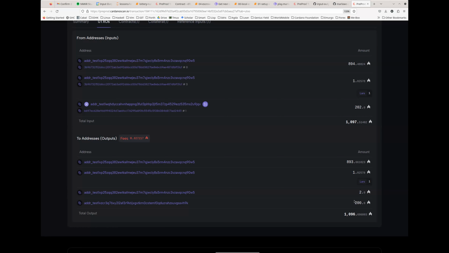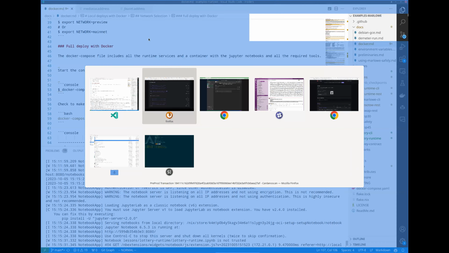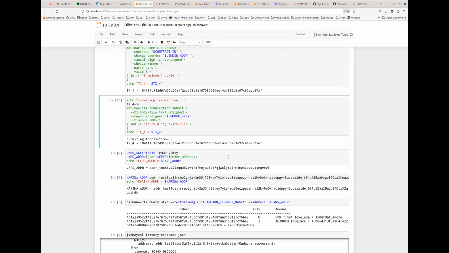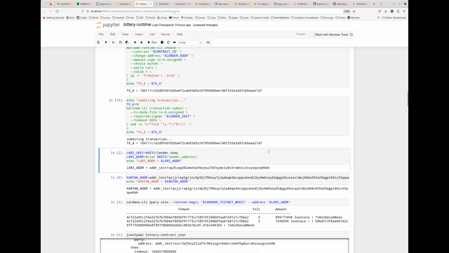And then whoever has the token must get the money from there. So that was what I did now.